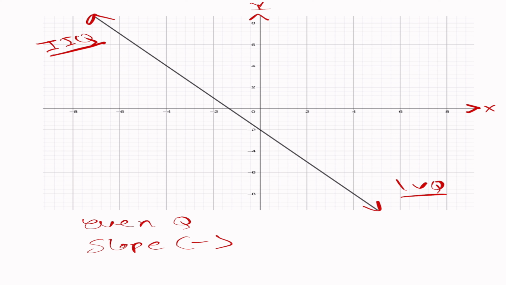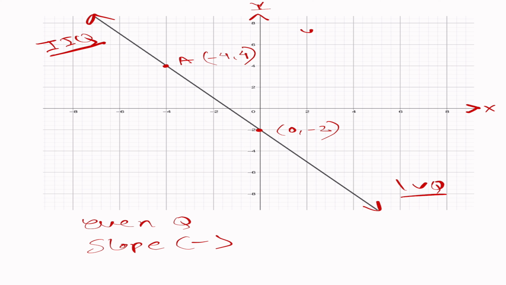So let's find two perfect points again. One point is here, which is A, the point (-4, 4). And another point is here, which is (0, -2).